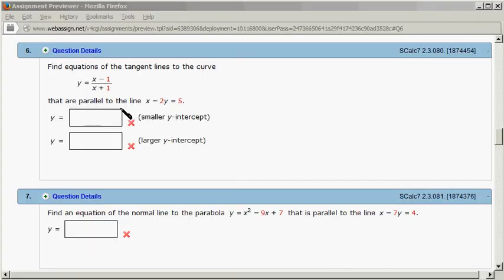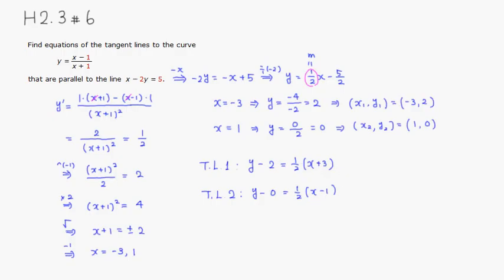The question asks for the parallel line with the smaller y-intercept. So we have to actually rewrite this into slope-intercept form. I'm going to distribute 1/2 to each term, so that we have 1/2 x plus 3/2. Then we need to add 2 to both sides.